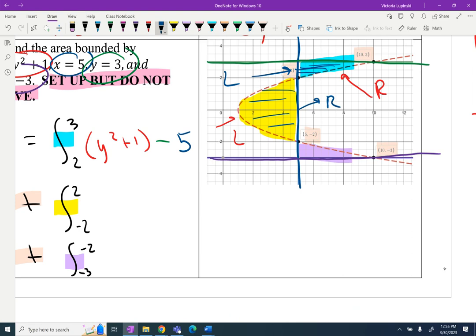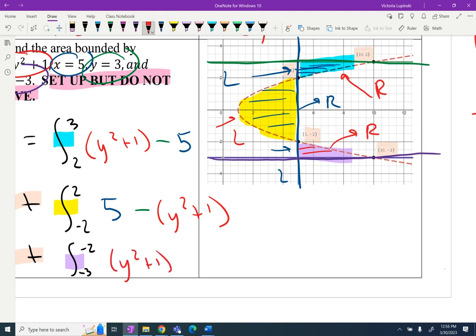So you have to put the 5 first, minus the red curve. And then finally, you're back to the purple region. For the purple region, if you draw horizontal lines, you're now back to the red curve on the right and the blue curve on the left. So you're going to do the y squared plus 1 first, and then minus 5.